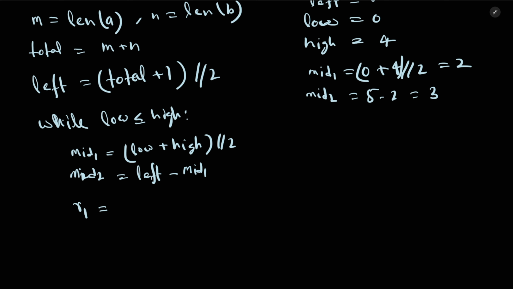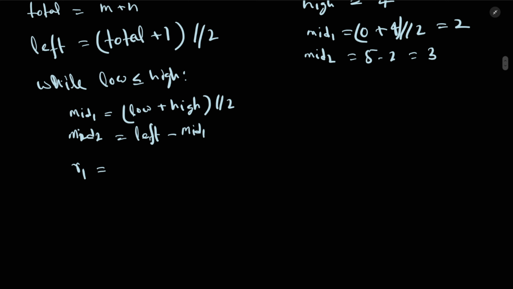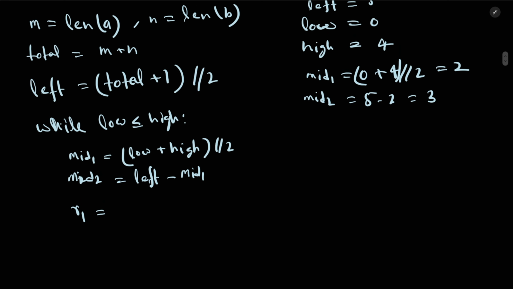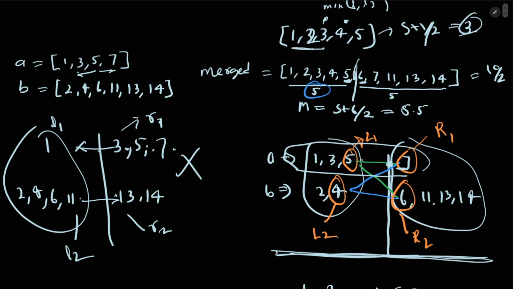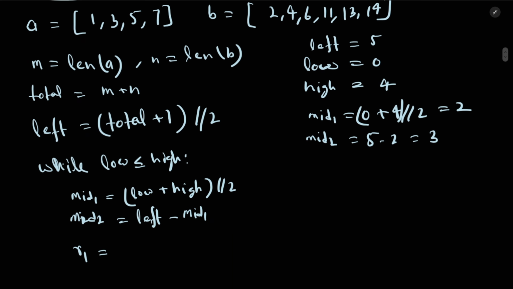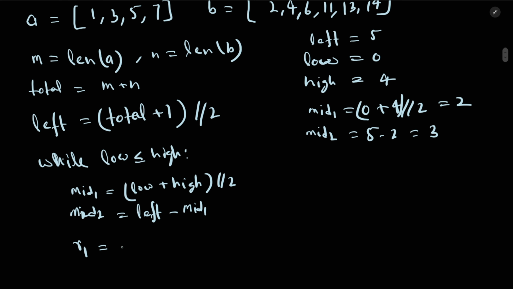What will be the value of R1? R1 is coming from array A, and we have taken mid 1 for array A. So I can say A at mid 1. This will be my R1.